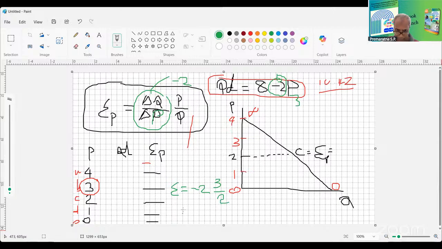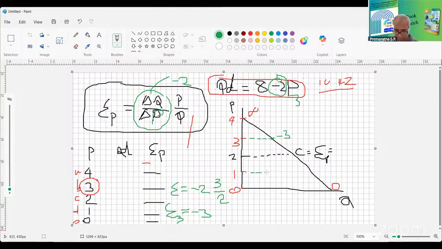So the elasticity at that point, if the price is 3, is minus 3.